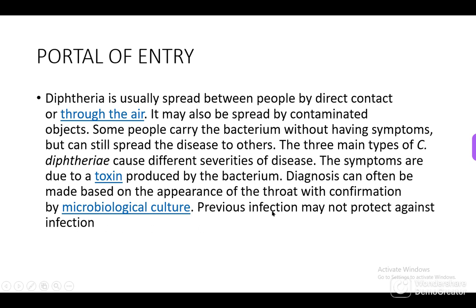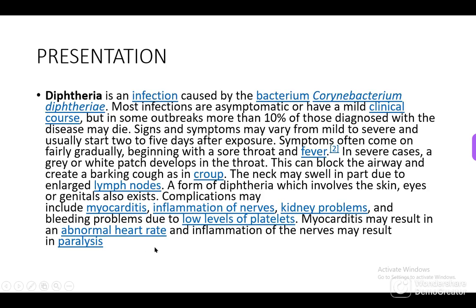You might think that once it has occurred, recurrence is not possible. No, in this case recurrence is possible. You have to vaccinate against the exotoxin, you have to give a specific vaccination to prevent the child from recurrence.